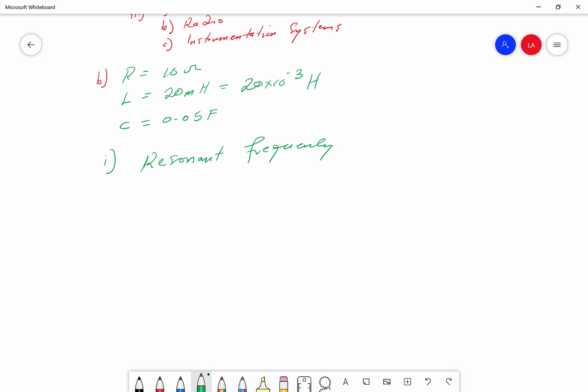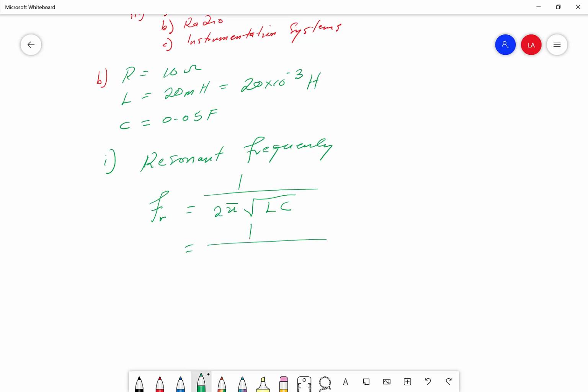Now, you remember that the formula for calculating resonance frequency, as we derived in our previous lectures, would be equal to 1 divided by 2 pi and then the square root of LC, which is capacitance times inductance.